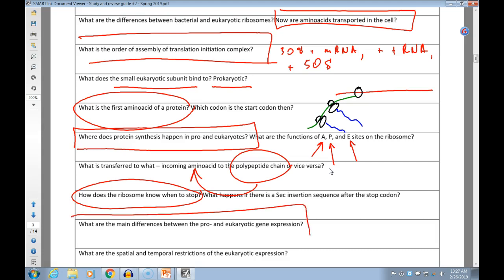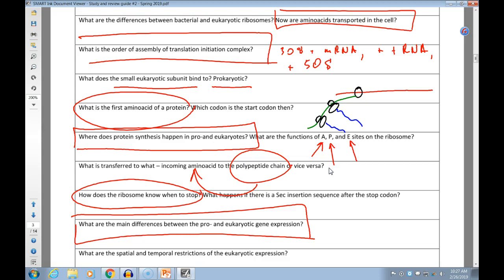So, main differences between prokaryotic and eukaryotic gene expression. First of all, bacteria and eukaryotes have different ribosomes. In bacteria, there is no splicing. In eukaryotes, there is splicing. In bacteria, there is no nuclear membrane. In eukaryotes, there is a nuclear membrane. And this means that in bacteria, translation and transcription happen practically at the same time.